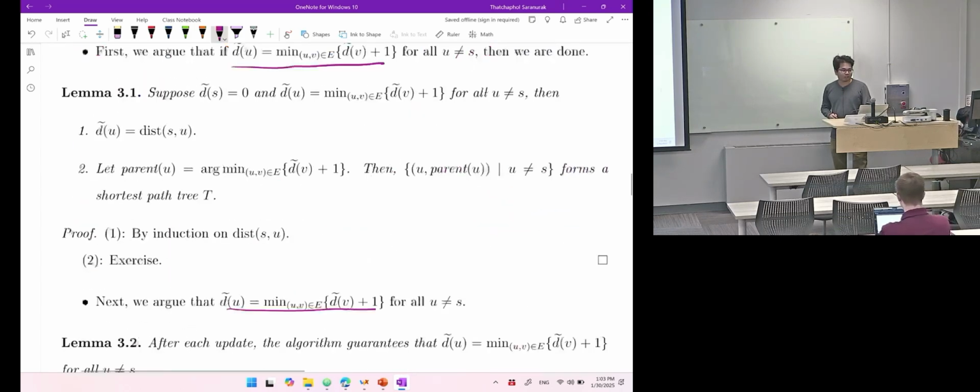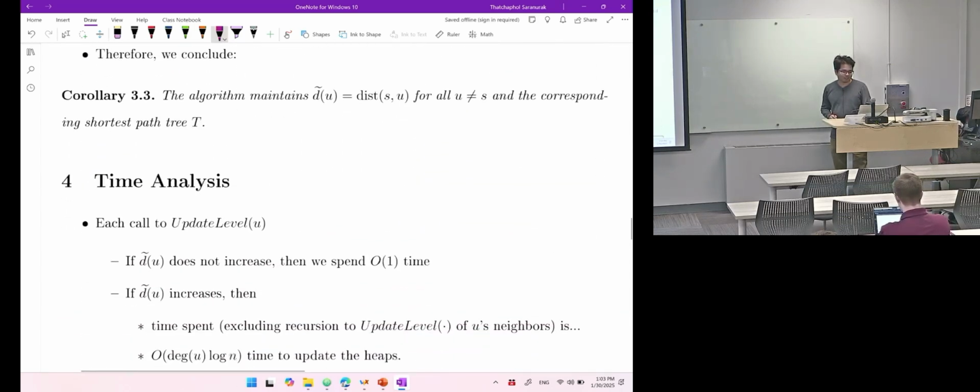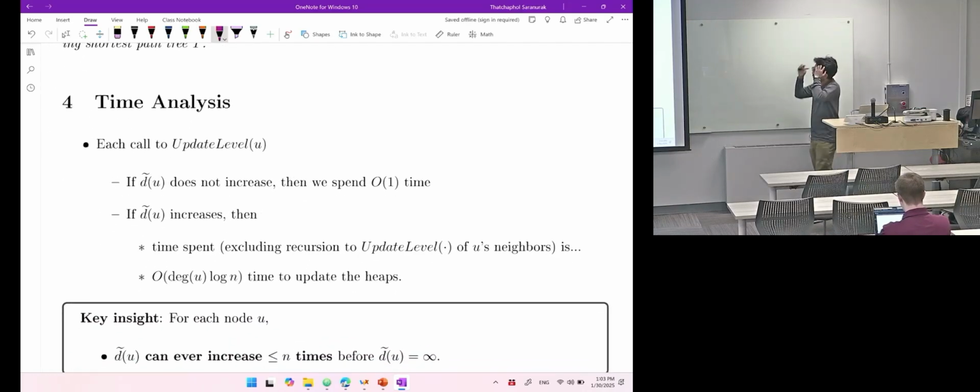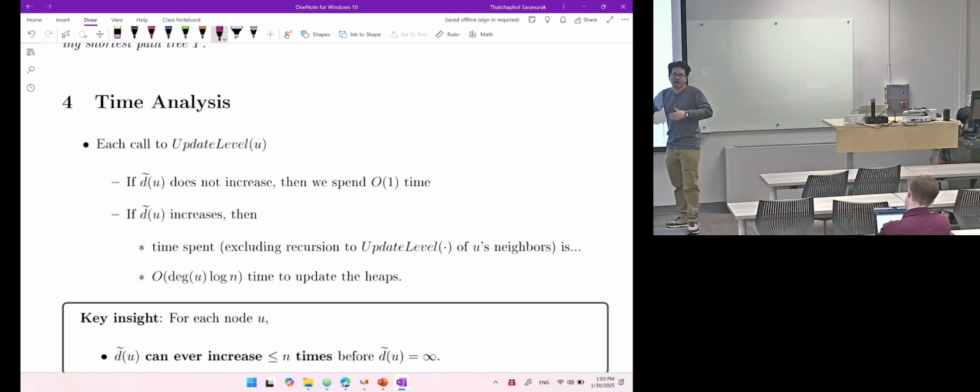Good. So now it's about the key thing, which is running time. Most of the running time is about how many times we call update level and how much time we spend on the update levels.